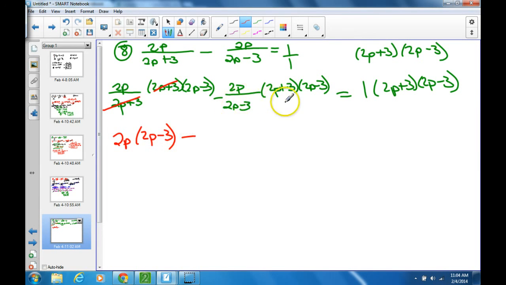Minus, the second one, what can I cancel out? Okay, so then I'm minus 2p times 2p plus 3. And then the last one is just what it says here, so we're going to have to FOIL that.